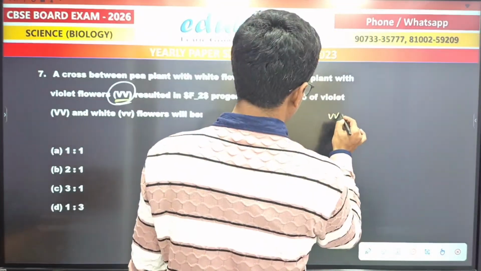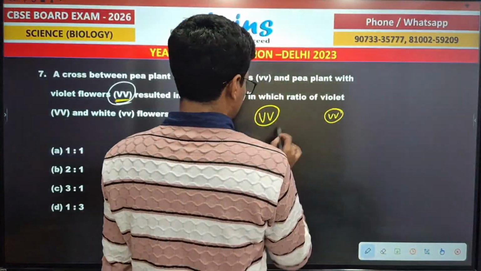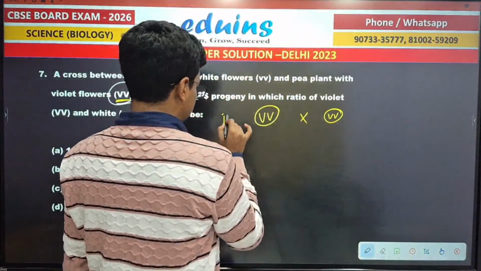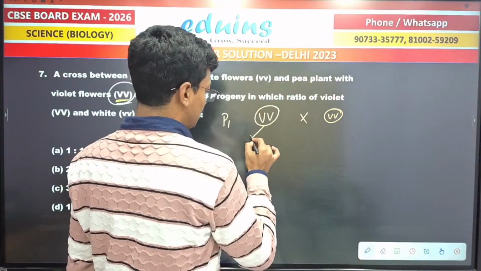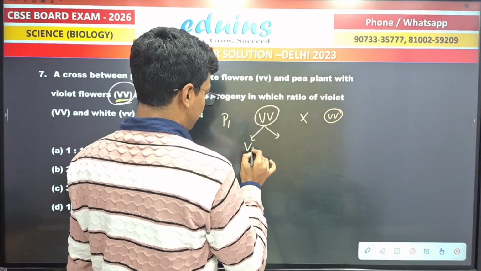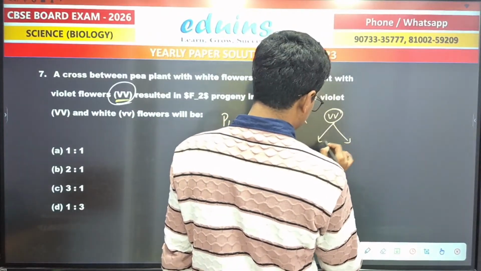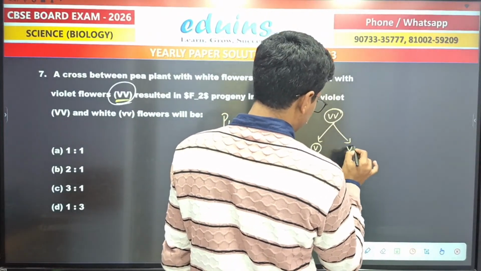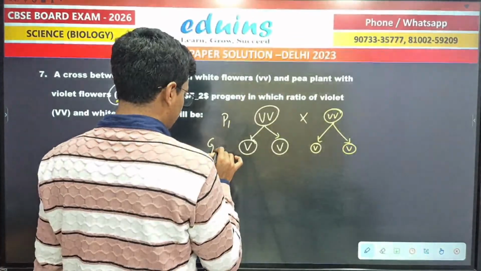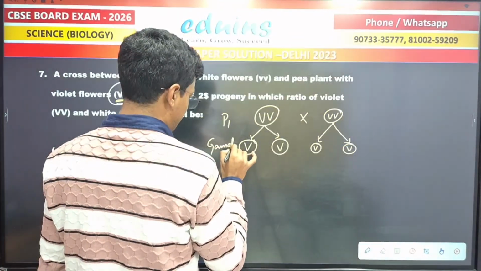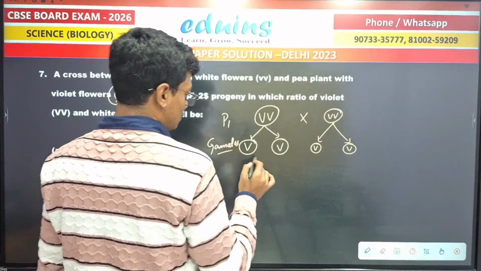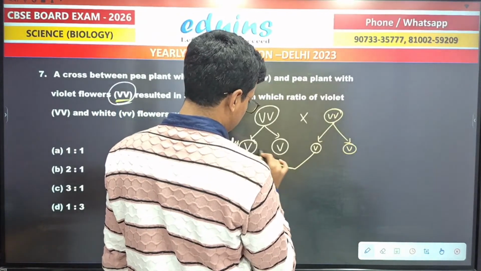Capital V and small v, a cross between them. In the P1 generation, the gametes produced will be capital V, capital V, and here the gametes produced are small v, small v.